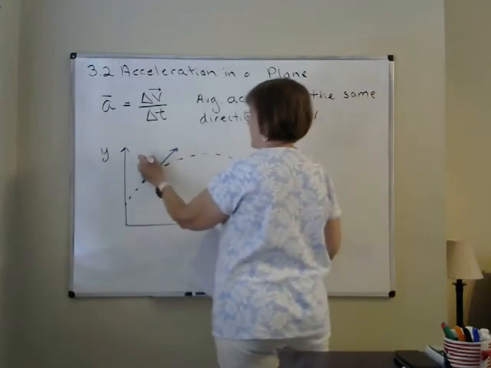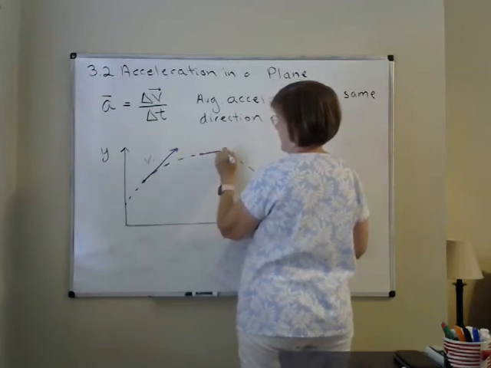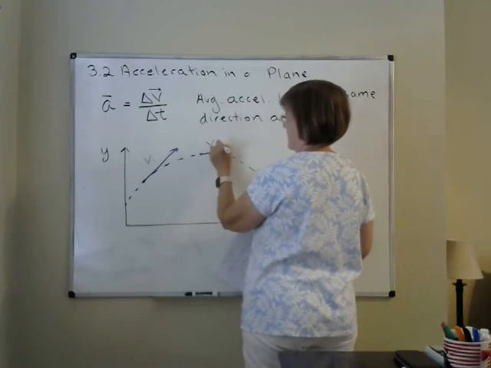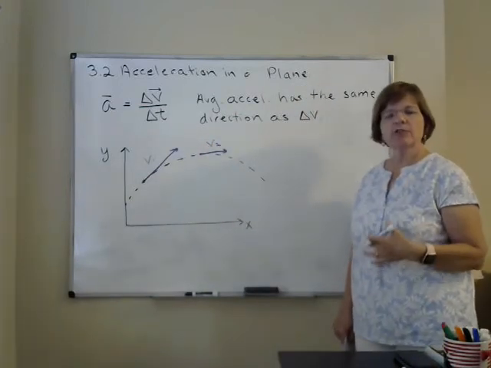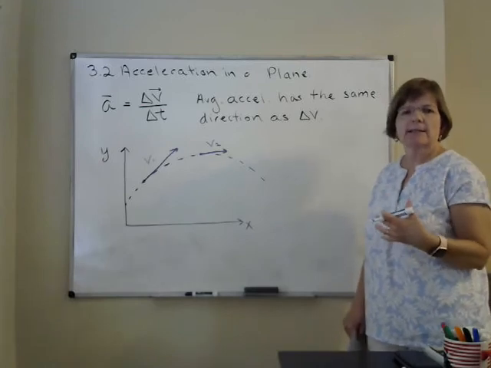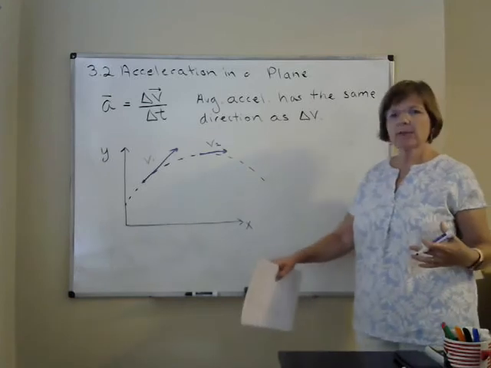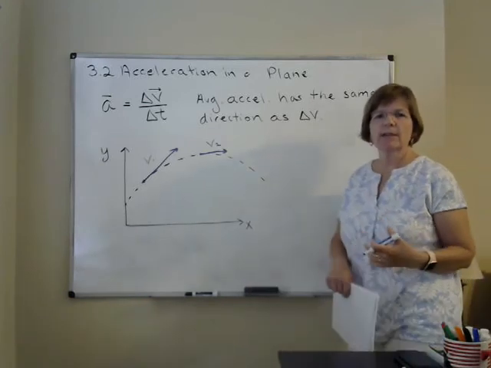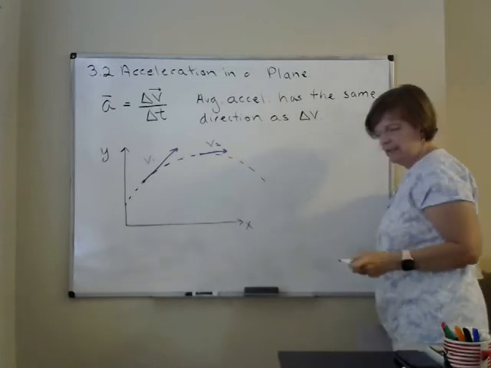Call that V1. And right here, somewhat smaller velocity maybe, here's V2. Notice the velocities change. The direction of the velocity has changed. It also changed the size of the velocity vector. So anytime either the size of the velocity or the direction of the velocity changes, we know we have an acceleration.